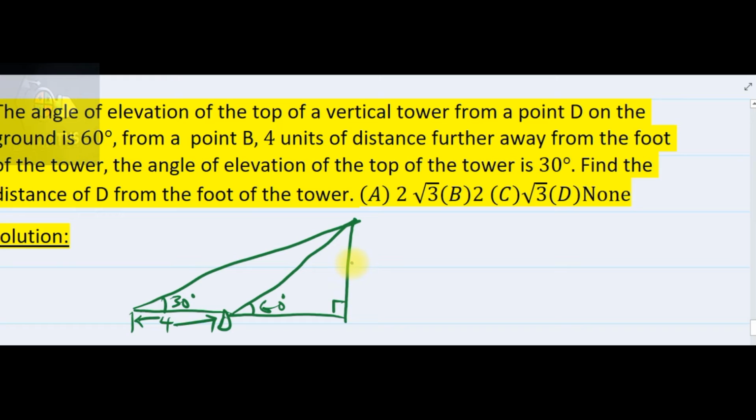So this is the tower. We are looking for the distance from here to, let's call it X. So we are looking for X. If you could remember now, looking at the diagram, for X from our formula, 60 and 30, the difference is what?